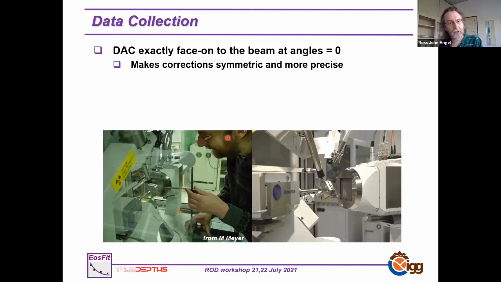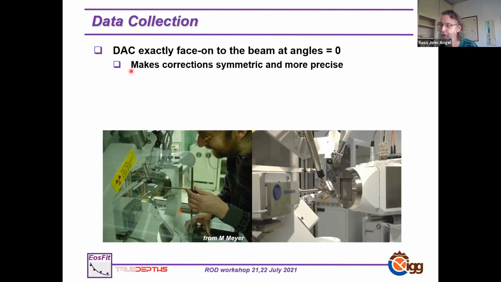So just a couple of words about data collection. It is very important to set the diamond cell exactly face onto the beam when the angles of the diffractometer are 0. Here's a picture done, probably best part of 20 years ago, showing how we did it then. Pierre showed you how to do it with the modern instruments. There are several methods to do it.